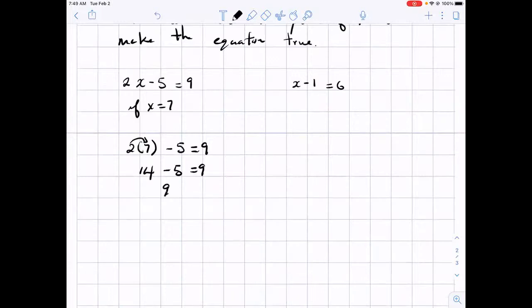So we have 9 is equal to 9. So x equals 7 is a solution.